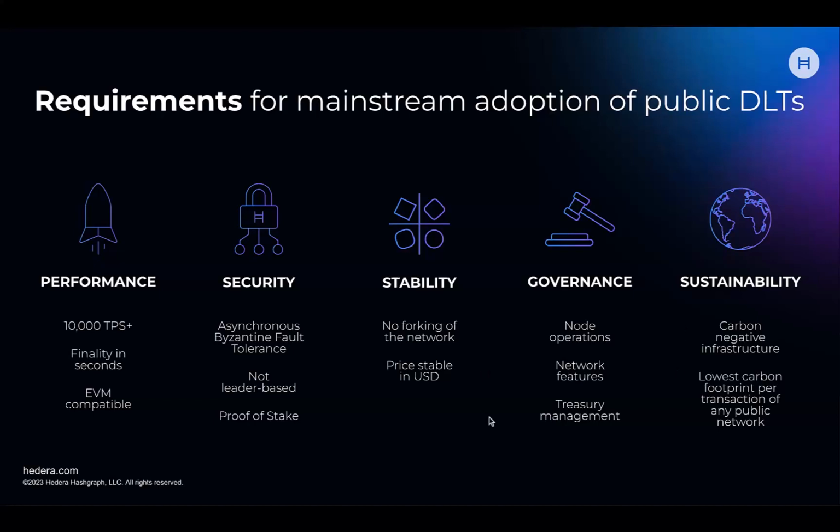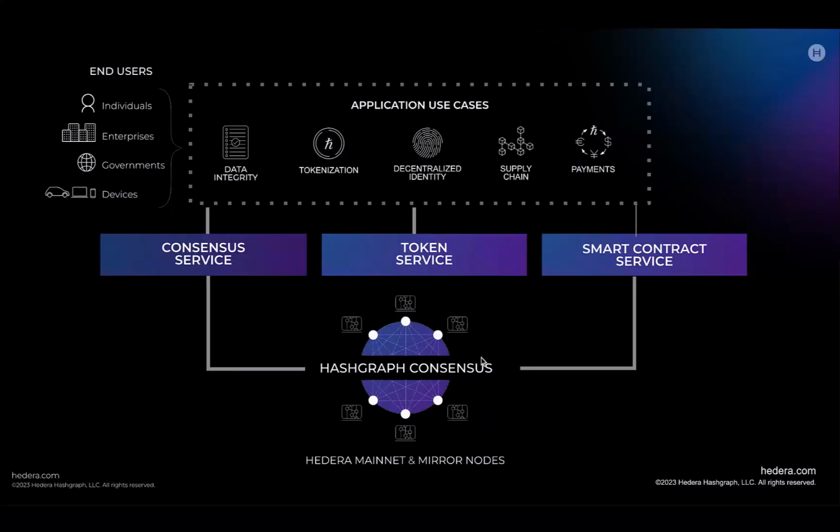So under the hood, at the core, is the Hashgraph consensus that you can see at the base, which is a gossip protocol. I'm not going to go too much into the details because I want some time for the demo. But then there's 3 layers of services on top of that: the consensus service, the token service, and the smart contract service.